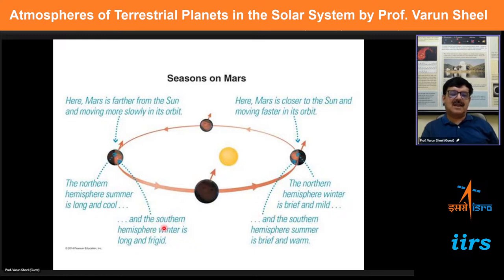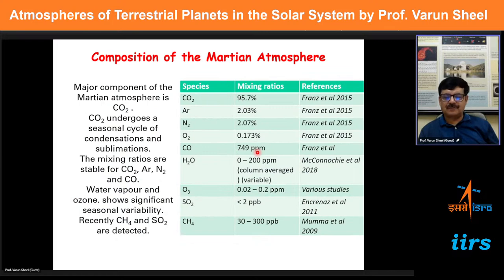Here the southern hemisphere winter is very long, and the northern hemisphere has a long and cool summer. And whenever Mars is closer to the sun, you would have lots of dust storms. So this entire orbit is dictating how the seasons would result, and that would decide many of the phenomena in the atmosphere.